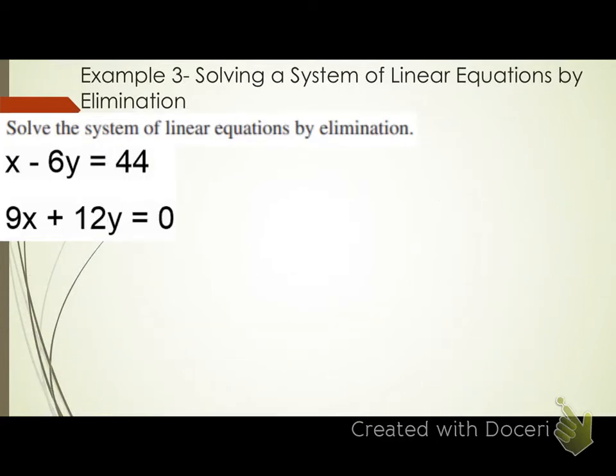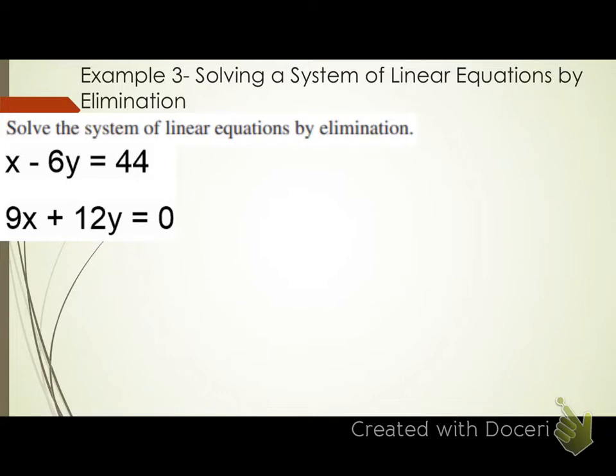x minus 6y equals 44. 9x plus 12y equals 0. Let's get it written down real quick, then we'll go through our steps. Is everything lined up where it needs to be?